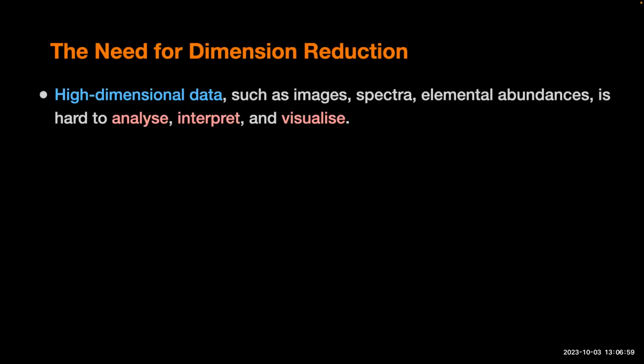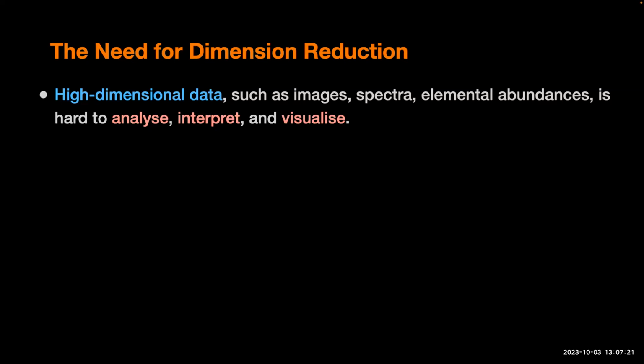So let's talk about the motivation. Why do we want to do dimension reduction? A large part of that is because many data inside or outside astronomy are quite high dimensional. The images and spectra all have thousands of pixels. Even if you are thinking about the elemental abundances of a star, you will have a few tens of them.